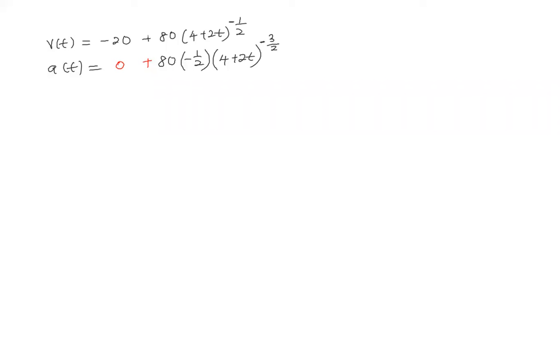And then equal. Hey, Hao Xuan, not done yet. There's one more step. Times the derivative of 4 plus 2t, which is 2.